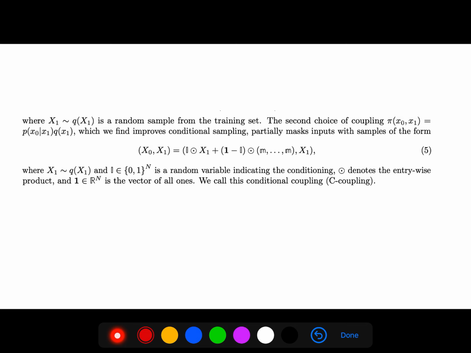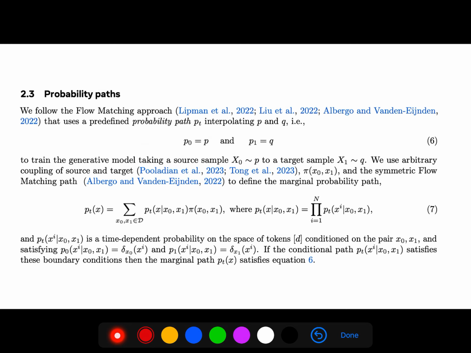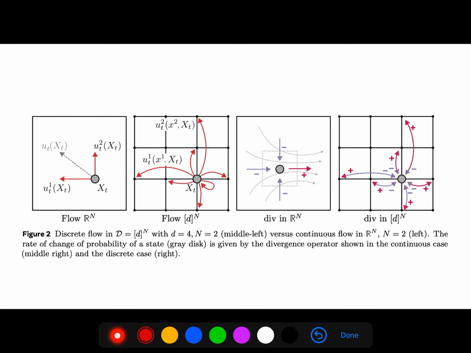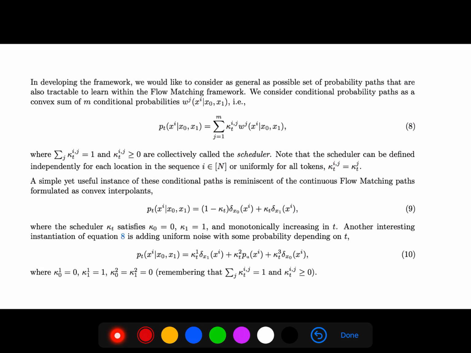The second choice of coupling between the source and the target sample, which we find improves conditional sampling, partially masks input. So this is just the entry-wise product. We call this C coupling, the conditional coupling. So this is one formulation of this discrete score matching.